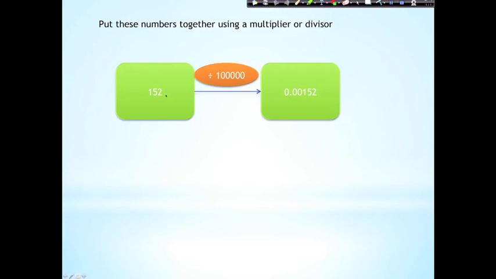Our decimal point originally was here, okay, and my 2 has moved 1, 2, 3, so it was here, the 2 was here, and it's moved 1, 2, 3, 4, 5. Okay, so it's moved 5 places to the right, so we know it's divide, and we're dividing by this number here. So 100,000, there's 5 zeros at the end. 1, 2, 3, 4, 5. Okay, so it's dividing by 100,000.